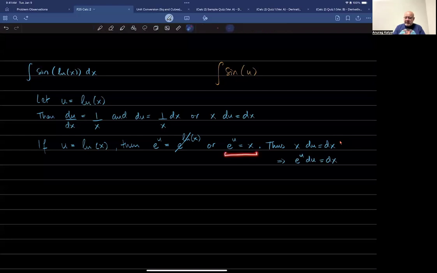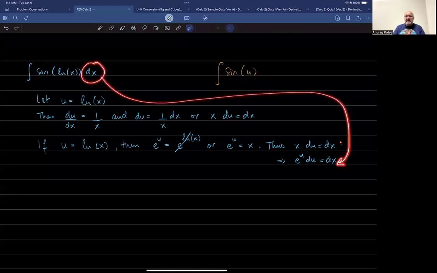If e to the u is the same as x, I can replace this x with e to the u. So now I'm okay with going to u land because I can replace this dx with this guy, e to the u du.